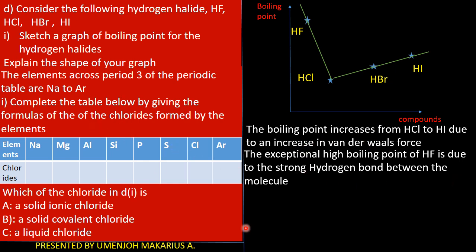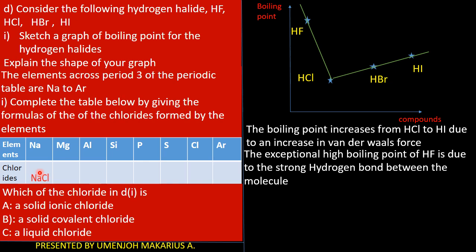Good. So now guys, due to space constraints, I will answer the next question directly on this table. The next one wants us to complete the table below to give the formulas of the chlorides formed by the elements. I'm sorry for the limited space, we'll just complete everything here. The chloride of sodium, of course, we all know to be sodium chloride, right?